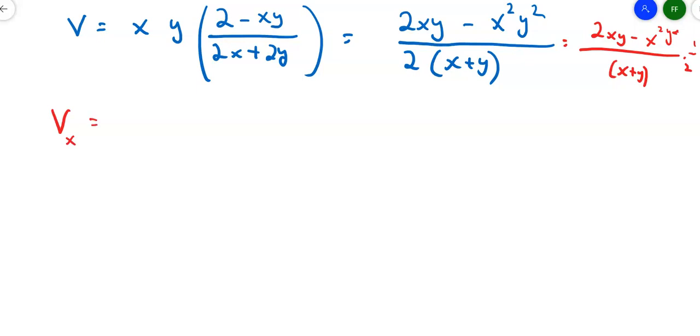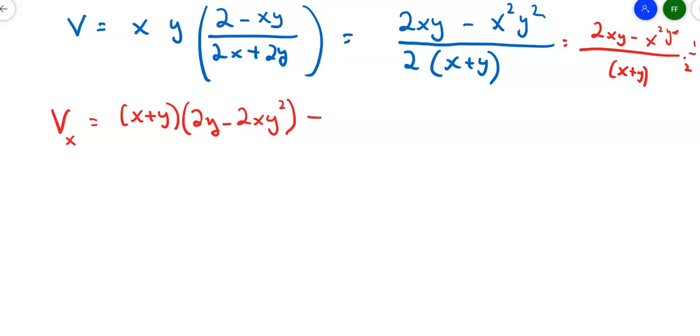So it's going to be bottom times the derivative of the top. So bottom is x plus y. The derivative of the top, now I'm deriving with respect to x, so actually it's going to be 2y. Because if I derive that first term with respect to x, I get a 2y. And then deriving the second term with respect to x, I get 2xy squared because the y squared is treated as a constant.